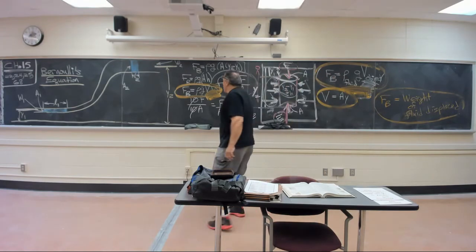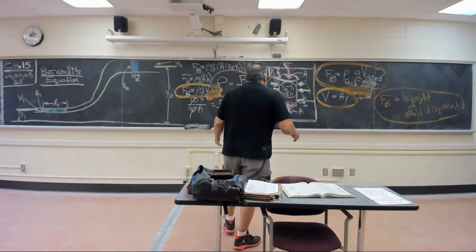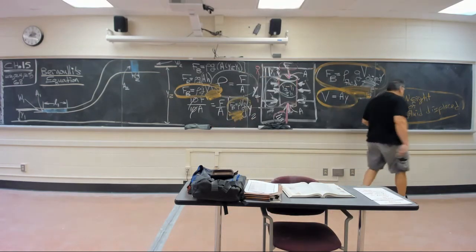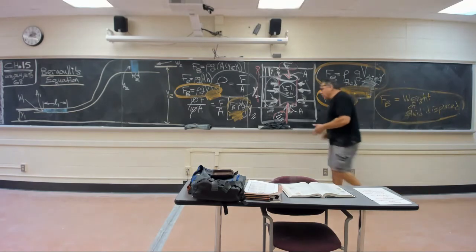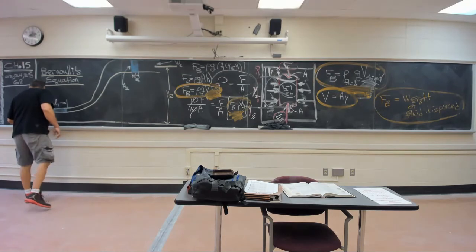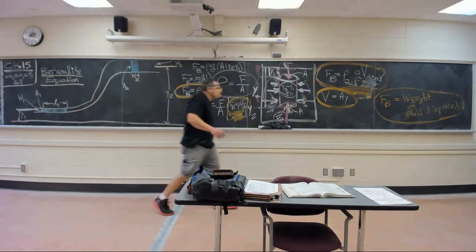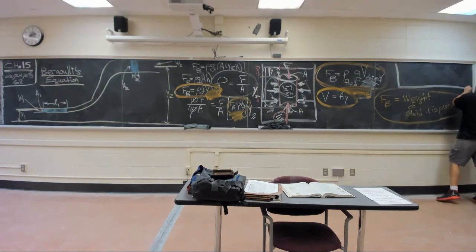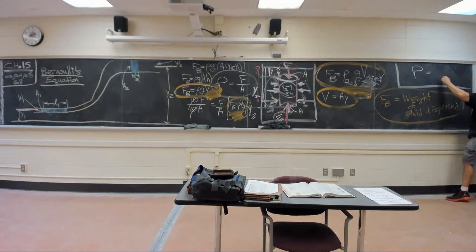Okay, so that's Archimedes' principle. Let's come back to what got us to Archimedes' principle, and that is we said that the pressure due to the weight of the fluid was equal to rho g y.